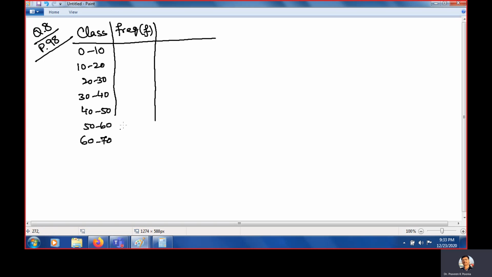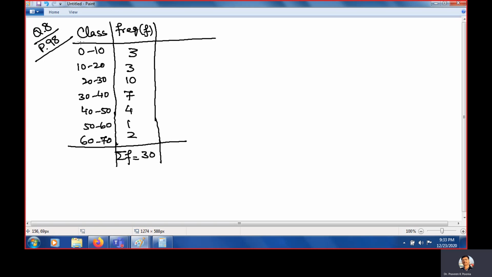The classes are given, and then you need to write the frequencies: 3, 10, 7, 4, 1 and 2. And we need sigma f. So sigma f they have given is 30. So they have given the frequency.